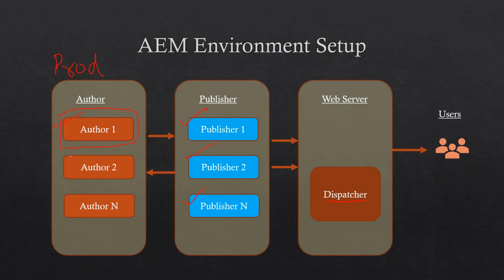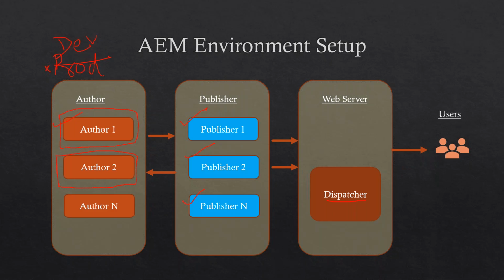And just for availability purposes, we create one more author environment for backup. You are doing all the development activity in the author environment, and sometimes you end up breaking it.